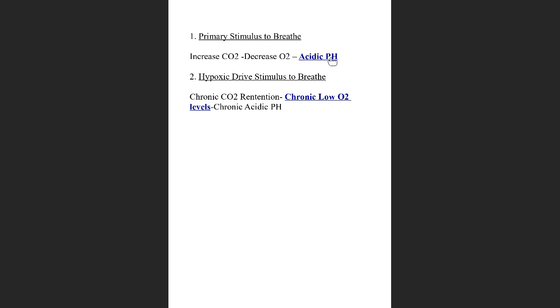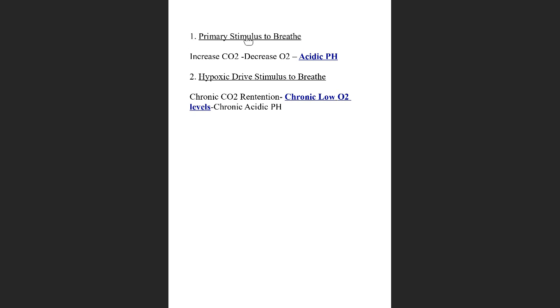It is picking up what results from that increase, which is that the carbon dioxide combines with water, forms carbonic acid, and causes the pH to go below 7.35. So the pH becomes more acidotic. That is the primary stimulus to breathe. When the body senses that the pH is too low, it will trigger increased respirations to get more oxygen into the body to balance out the pH. That is the primary stimulus to breathe.